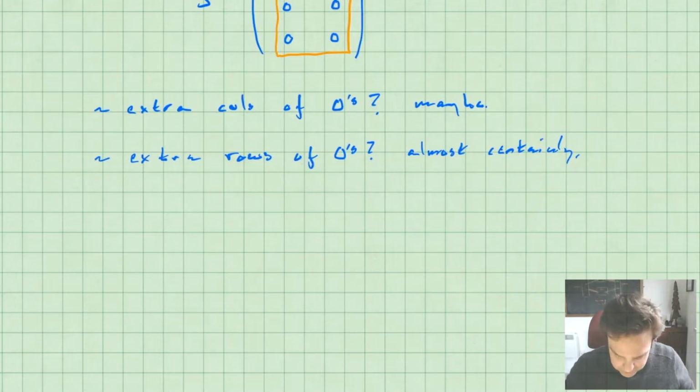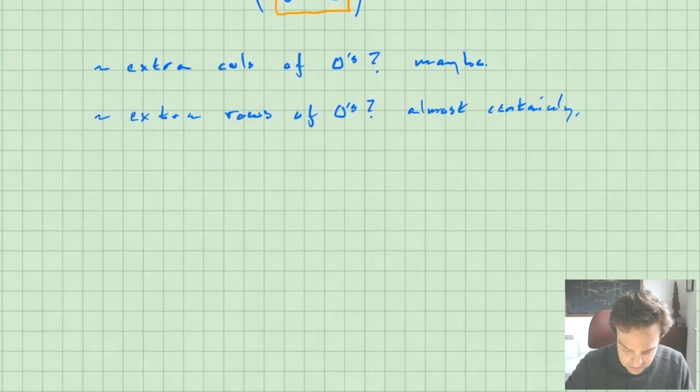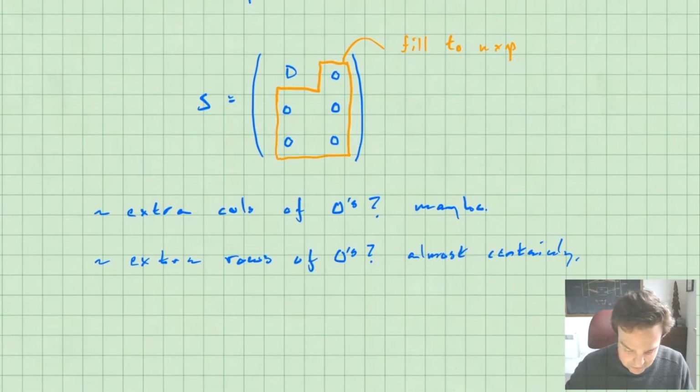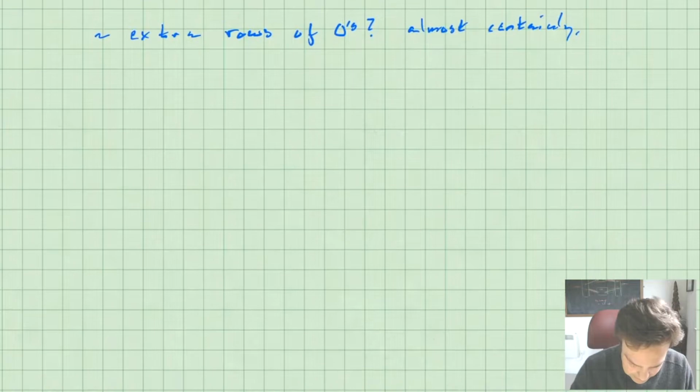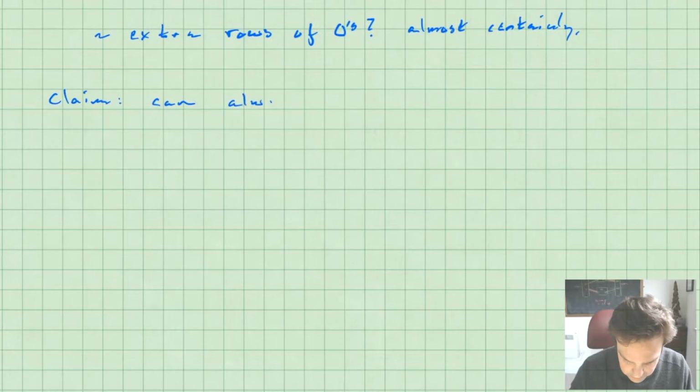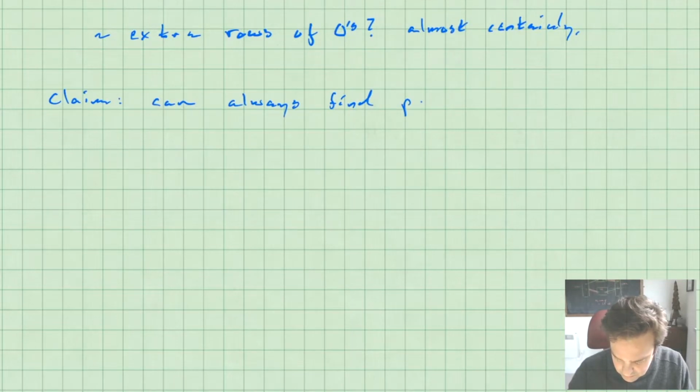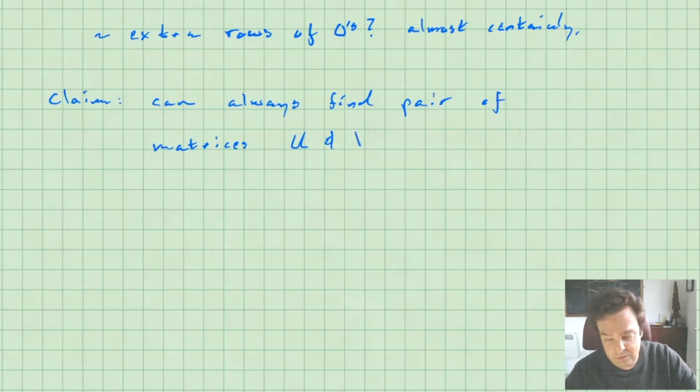So we've invented this matrix S out of the eigenvalues of the M transpose times M matrix. And so now we're going to make a claim that we won't prove in this class. So you can always find a pair of matrices, and we'll call them U and V. And they're not unique, so there may be more than one pair.